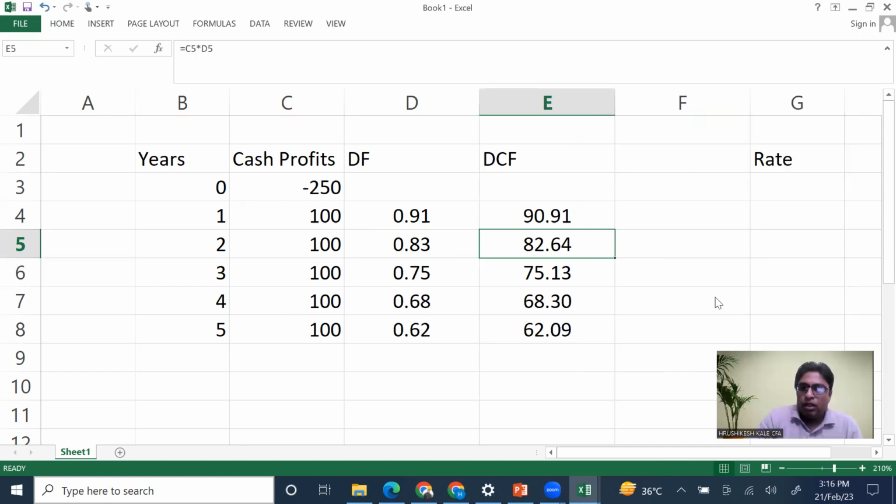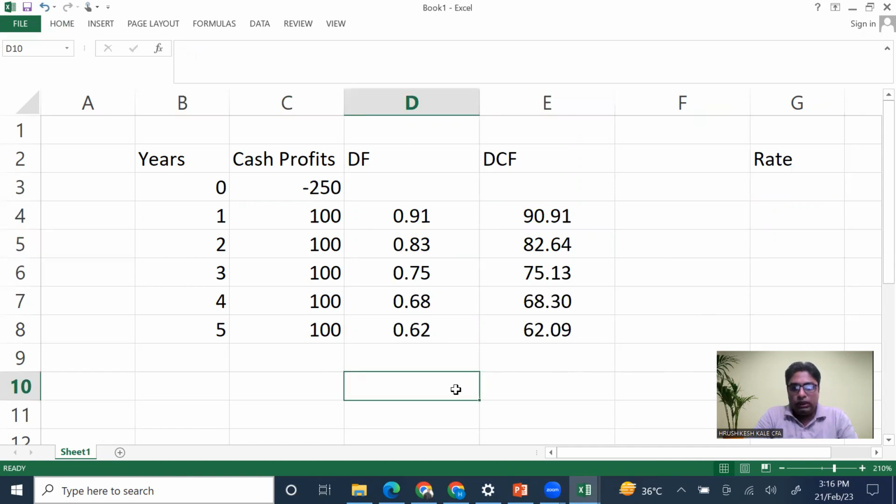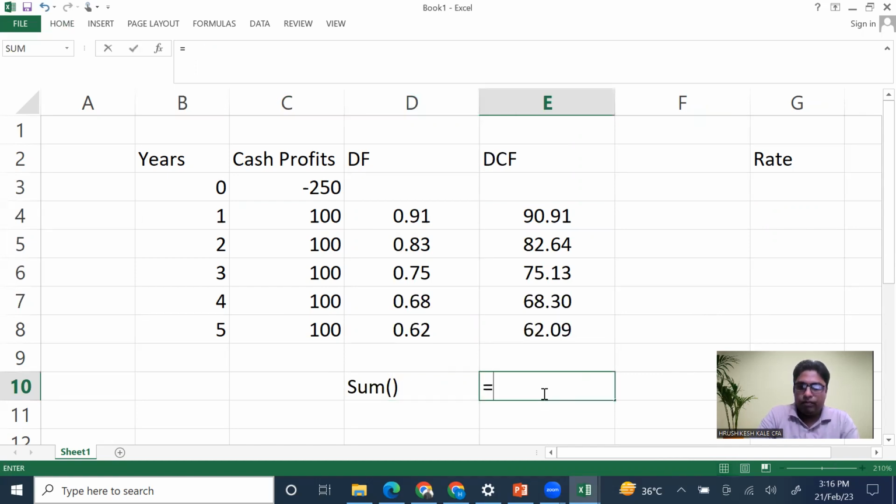Now, when you add all these discounted cash flows, when you sum them, you get the cumulative discounted cash flow.